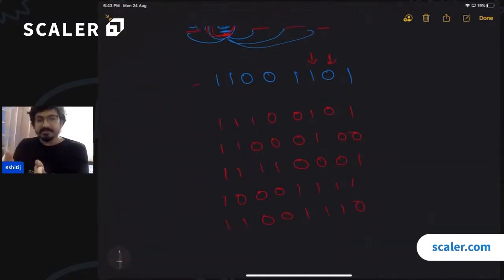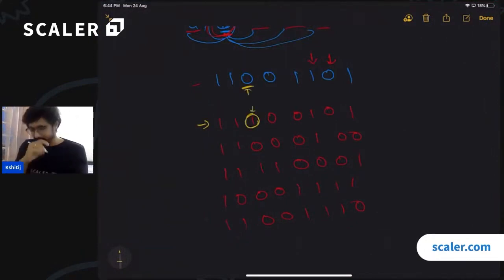Let us try to analyze which number has the different bit as far right as possible, right? If you analyze this number, the different bit occurs here. Here we have 0, and in this number we have got 1, right? In the second number, the different bit occurs here. You have 1 in the original number, you have 0 here.